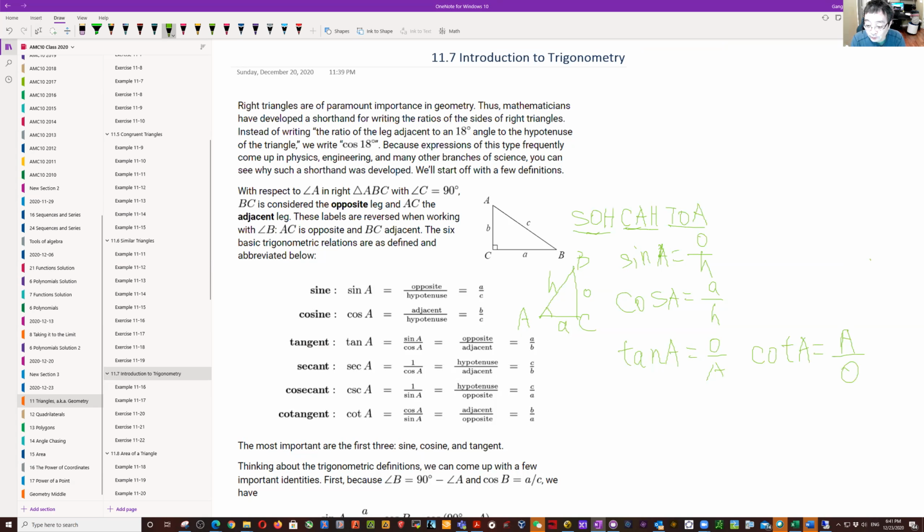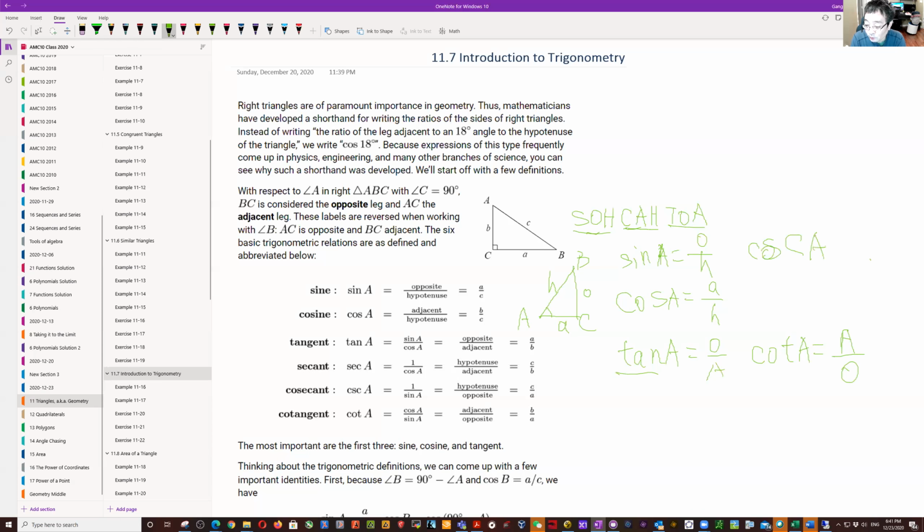For sine and cosine, the reciprocals are cosecant and secant.